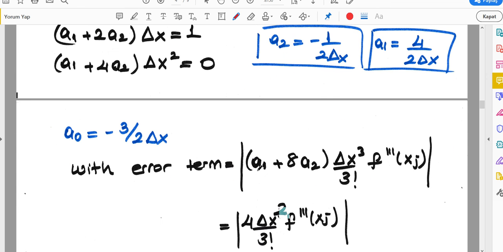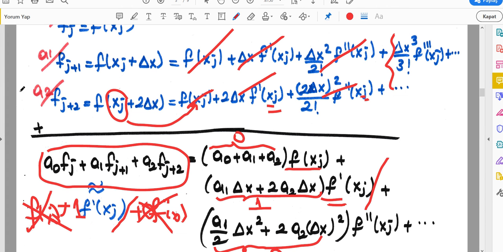It says A1 times delta x cubed divided by 3 factorial, plus, from the third equation, A2 times one more term. The term is approximated by 2 delta x to the power 3 divided by 3 factorial times f third derivative at, of course, xj. So on. Don't forget, we have infinitely many terms.